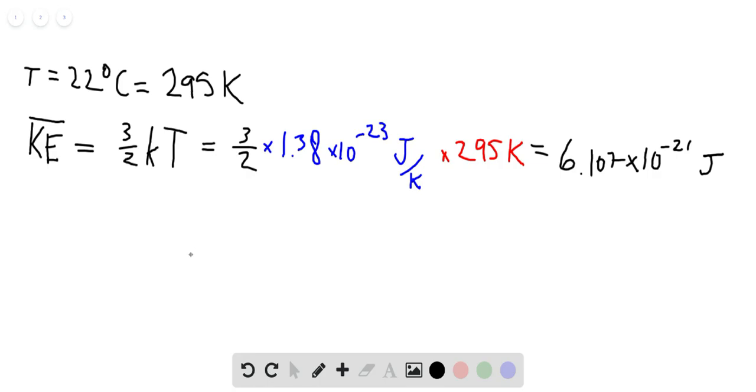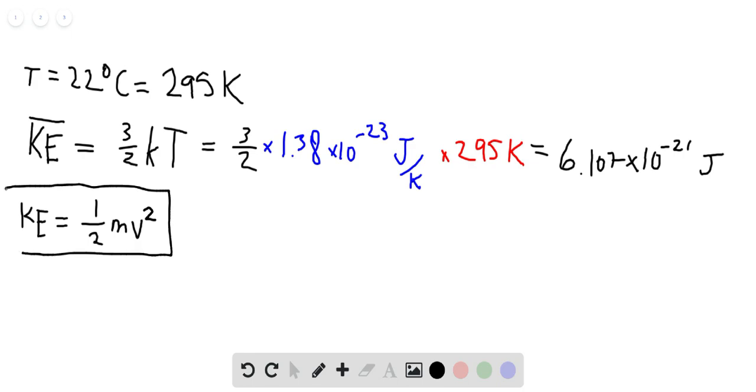Remember what equation links speed and kinetic energy? This is one of the first equations we learned in this book, probably. Kinetic energy is equal to half times the mass of the object times the speed squared. So this is what we will use to find the speed of the paperclip.